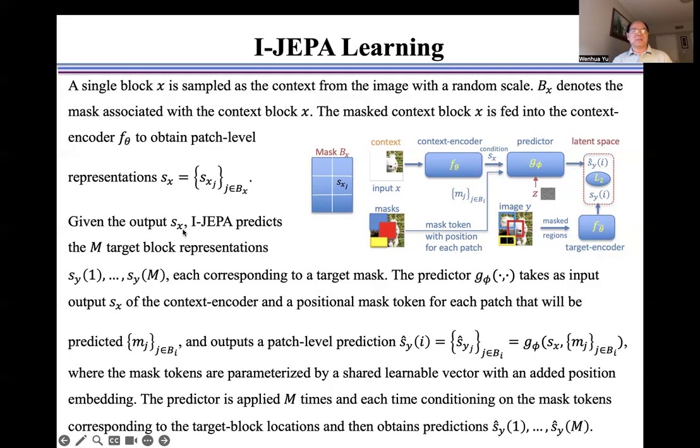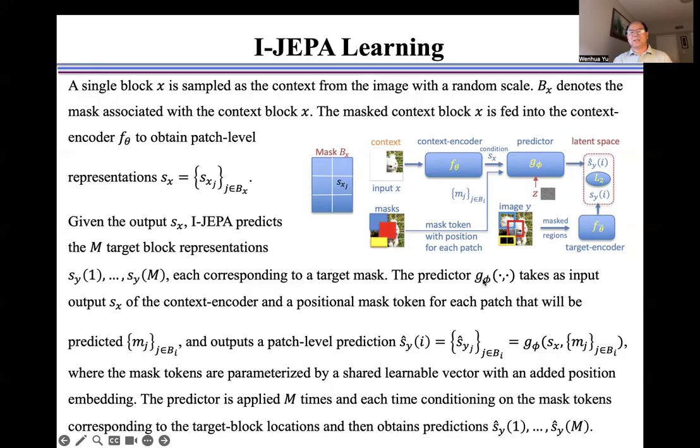Given the output s_x from the context encoder, I-JEPA predicts the M target block representations from sY_1 to sY_M, each corresponding to a target mask.